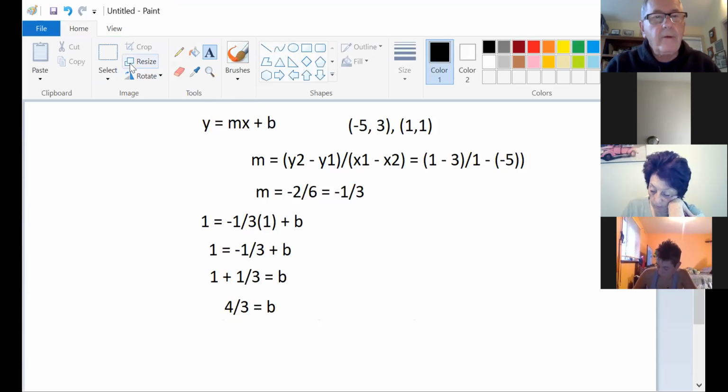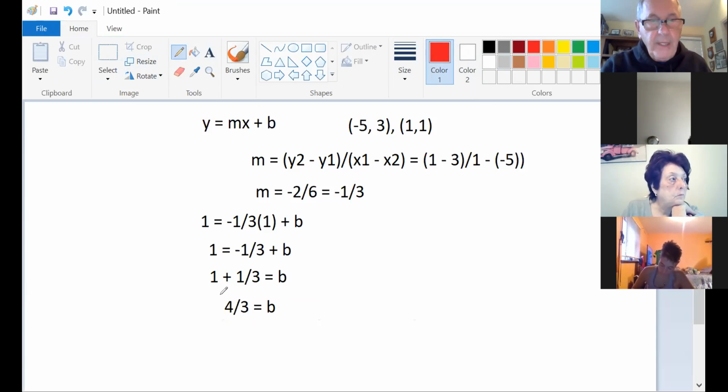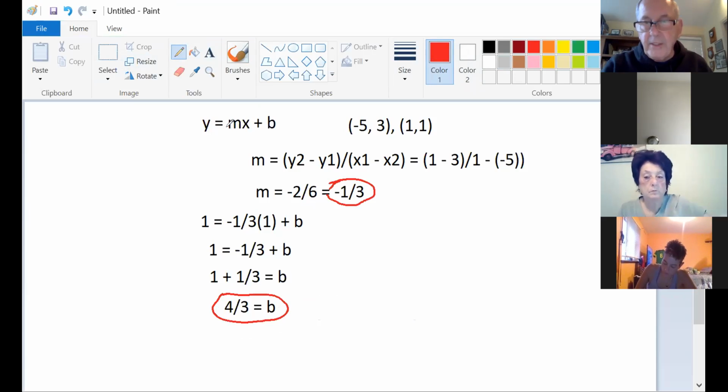So now I have my values, right? I've got what I need. I've got the b, and I determined what the slope is right here, right? So now I just plug them into this equation up here. This is the last step, okay? That's what I'm saying.